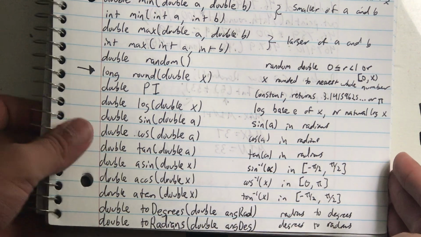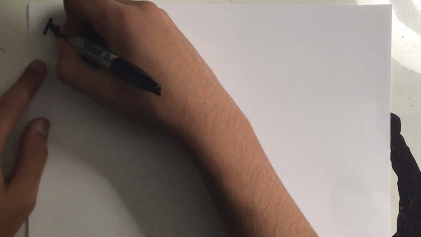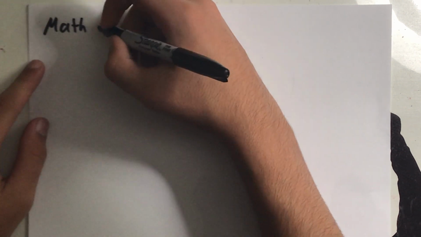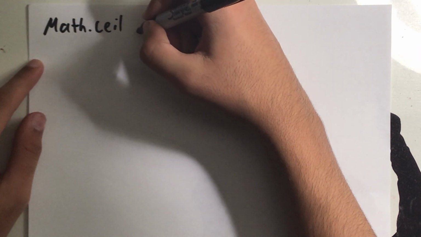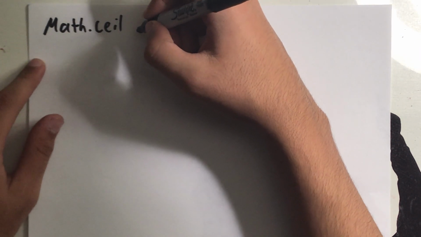First, I'll go over ceiling and floor because a lot of people get that wrong. It's a common mistake that people make. So first, let me get this in the shot. Okay. So let's say, for example, we had math.ceil of 1.4.